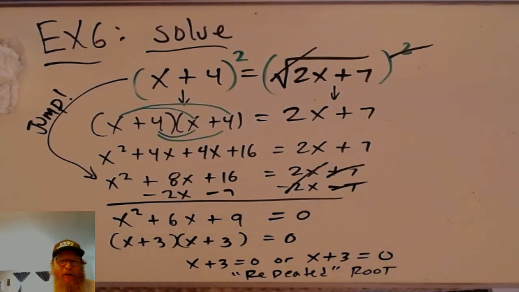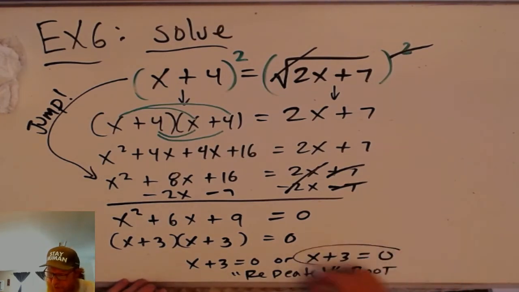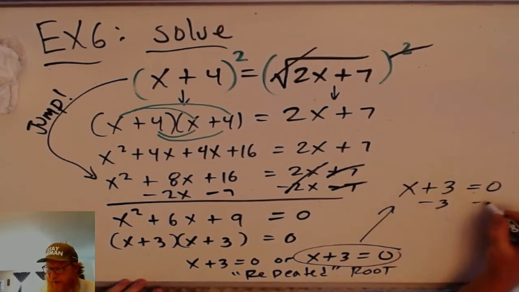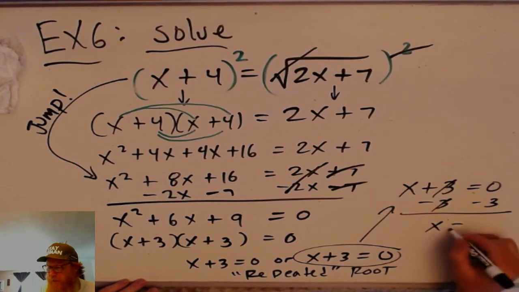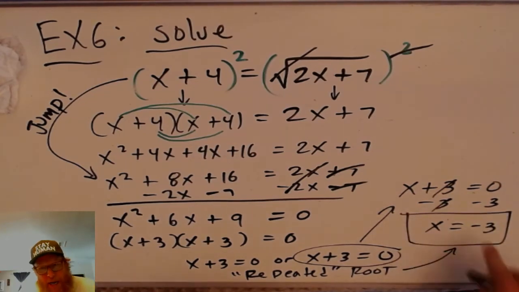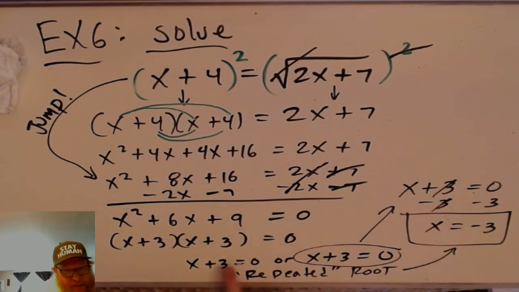Although it's technically not a solution until you're done, we call this a repeated root. When that happens, you don't have to solve it twice. Just solve it once. I don't need 2 copies of the same answer. It's one answer repeated twice, but you only have to give it to me once.